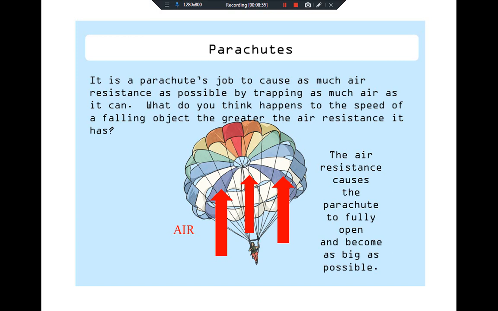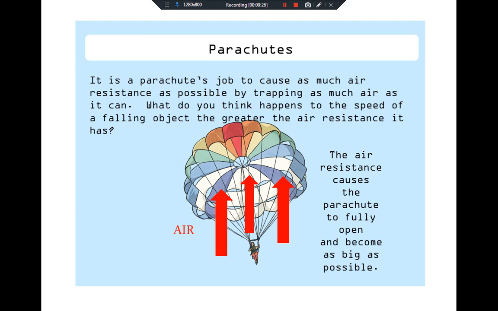What do you think happens to the speed of a falling object the greater the air resistance it has? So when an object has a greater air resistance, what do you think will happen? Will it fall very fast? Will it fall very slow? Please, if you know the answer, write it down. The air resistance causes the parachute to fully open and become as big as possible.